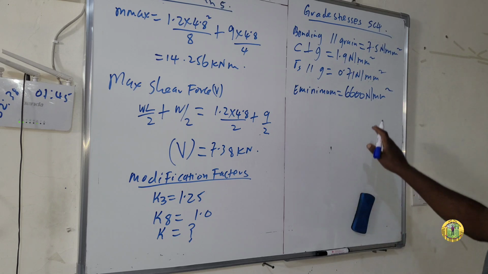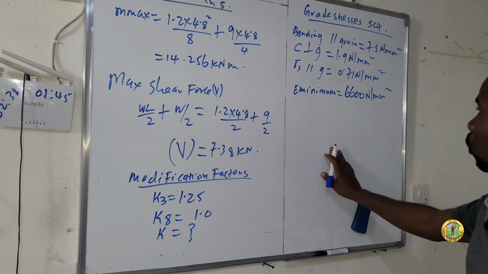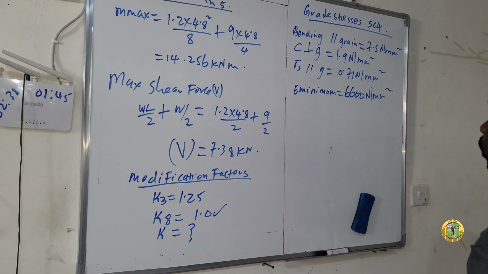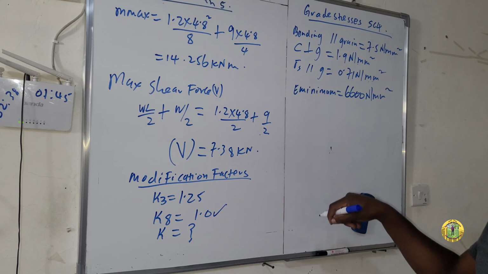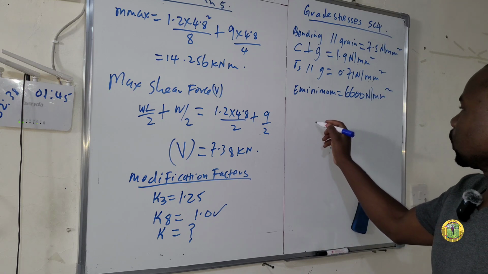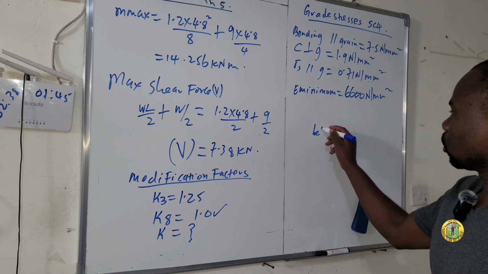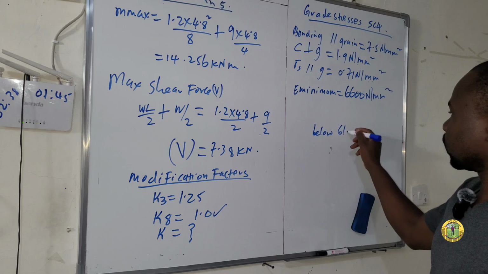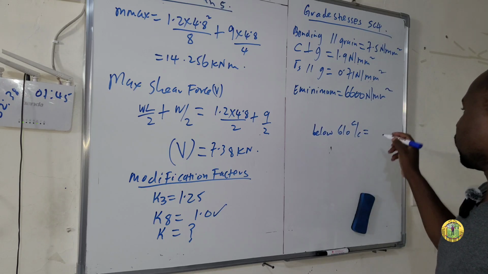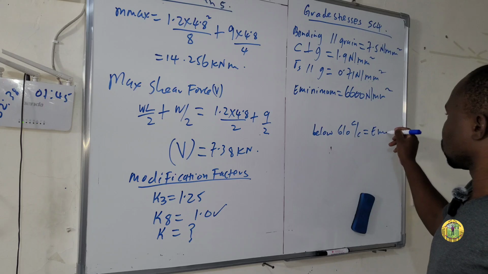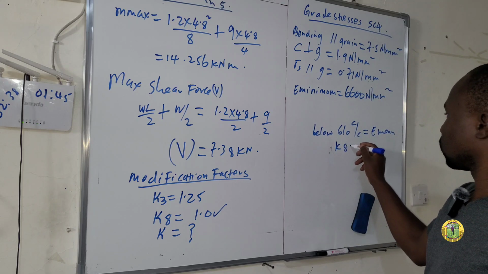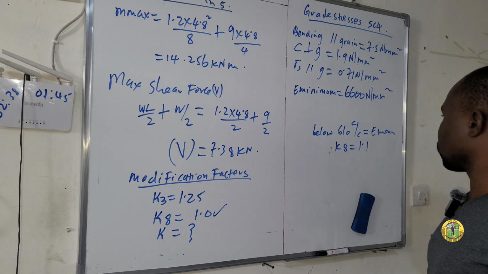And why am I using E minimum? Because our K8 is 1.0. From the summary, I said that when the joists are placed below 610 center to center, we will use E mean, and here K8 is equal to 1.1.